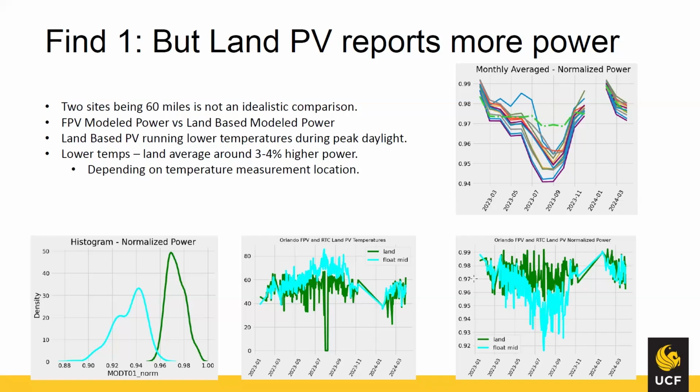When we looked at the temperature sensors, the floating middle temperatures were warmer, and also the lower sensor itself was warmer than the upper sensor. So the B sensor was warmer than the center or the top of the module.